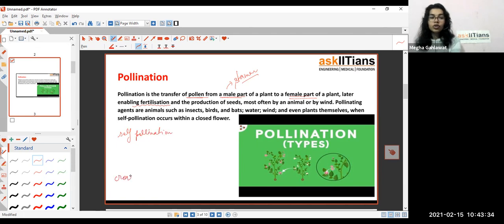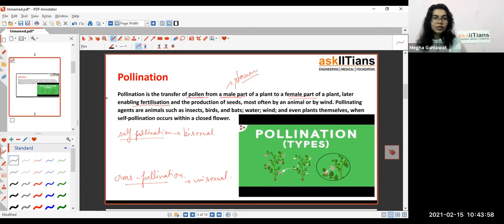Whenever we talk about self and cross pollination, we are talking about unisexual and bisexual flowers. Bisexual flowers have both the male and female reproductive parts, and unisexual flowers have either the male or the female reproductive part, okay?